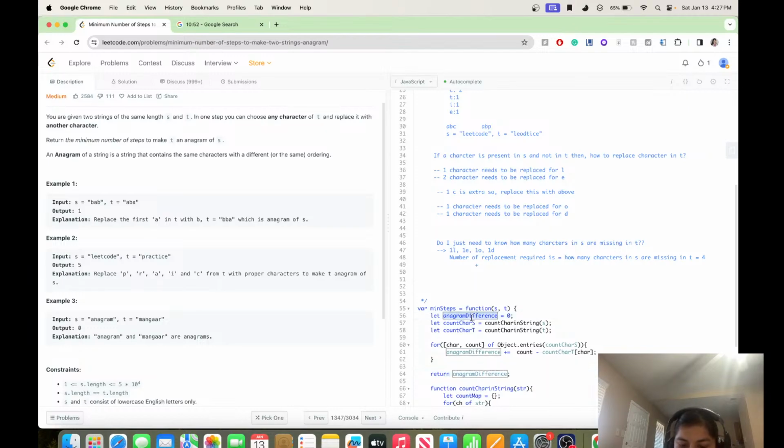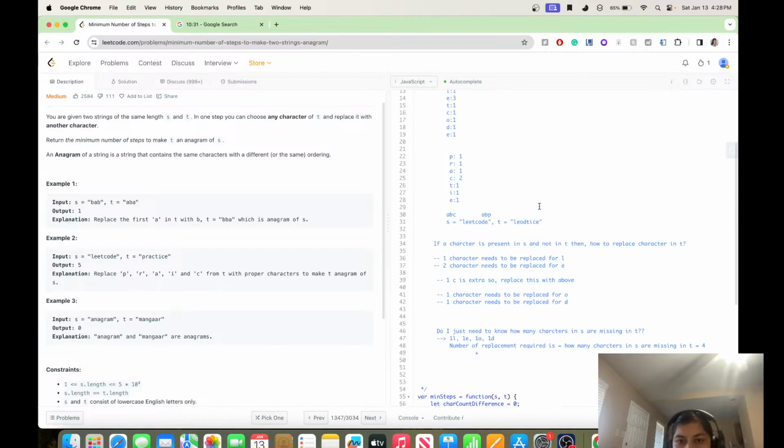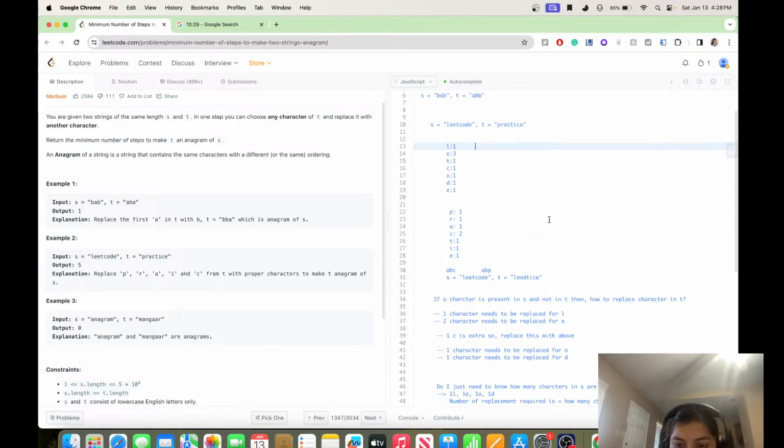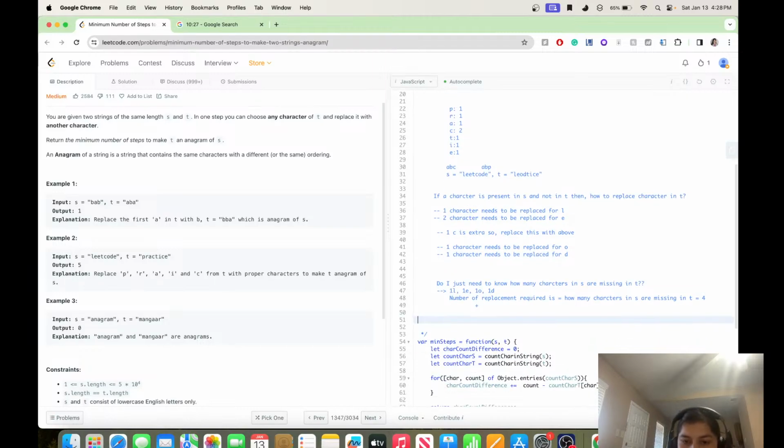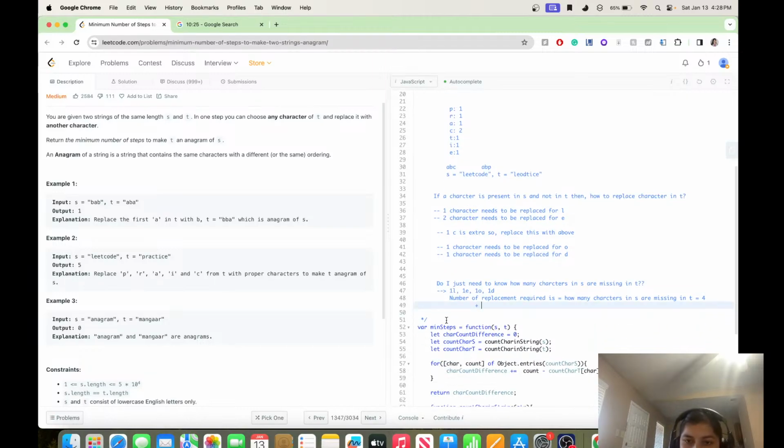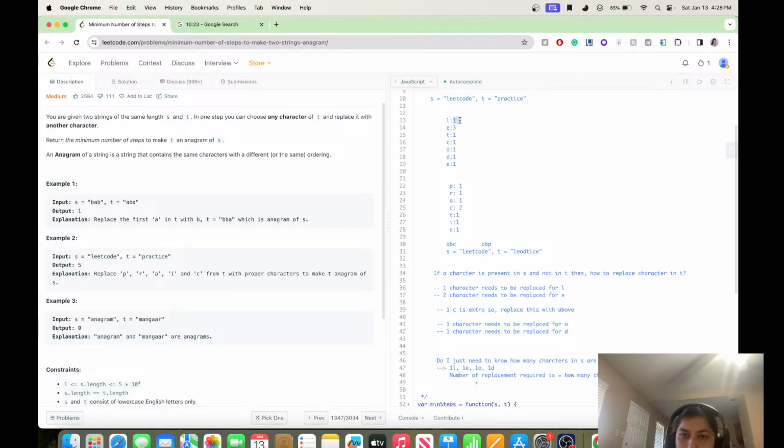Number count character, or I can say character count difference. Okay, so in the beginning, if I'm just going through this one, it will be 1.